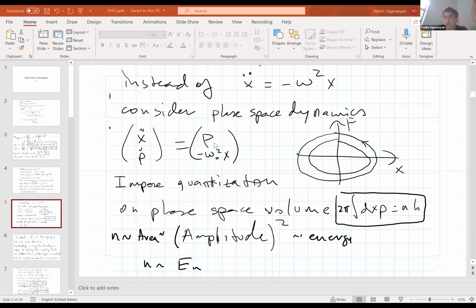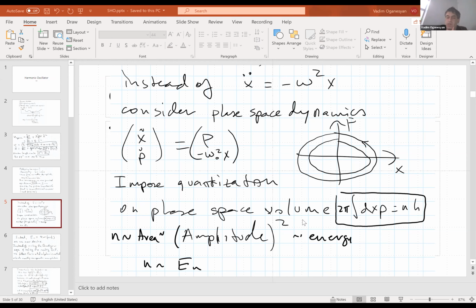I've set mass to 1 just to simplify notation. So X dot is equal to P over M, or P. P dot, the derivative of momentum, is the force. So what you see is that this is an equation of a closed contour in X and P space, which is an ellipse or a circle, essentially a deformed circle.